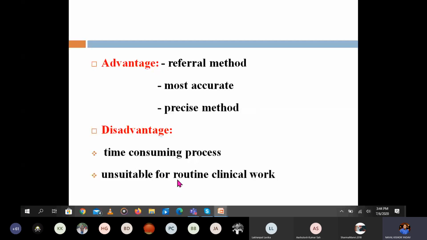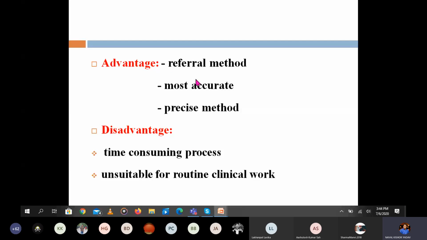Nowadays you need to see reports very fast. If it takes a lot of time, you cannot use it in clinical practice, because the reporting time will be delayed. That's why it is not used nowadays, even though it is the more accurate and precise method.